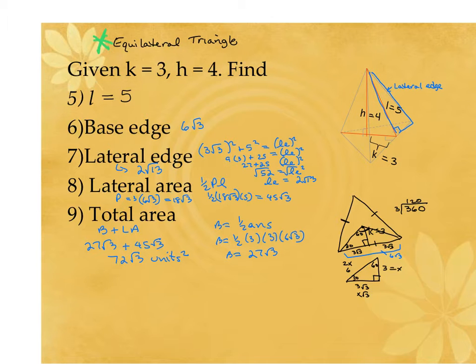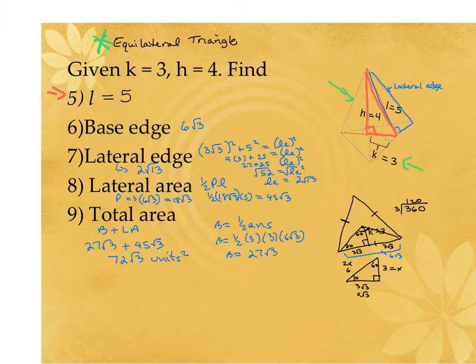So K was 3, H was 4, the height, and then I needed to find my slant height, my base edge, and things like that. So what I needed to do here was figure out what the slant height was, and what I did was I created a triangle here. And this L, or this slant height, is a triple. So it's a 3, 4, 5.